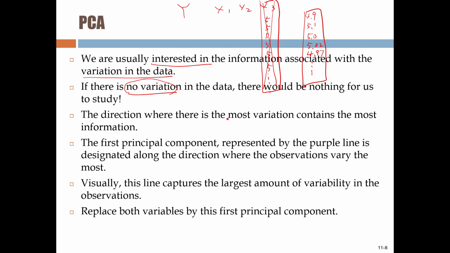The direction where there is the most variation has the most information. So that's why we capture not only the original independent variables, we can create new independent variables by tilting the axis and capture the biggest variation. And using only one principal component, we can still do way better than any of the originals.